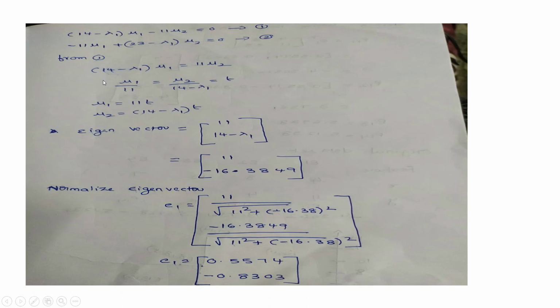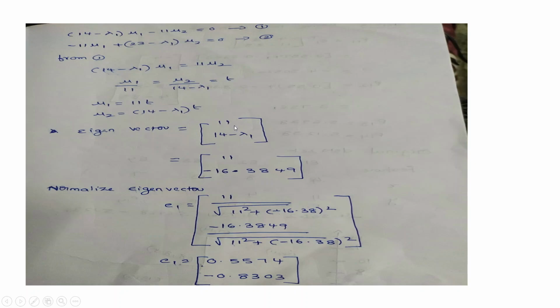From first equation, I am going to consider 14 minus lambda I, u1 and 11. When we are considering first equation, it will be representing it as 11 u2. So u1 divided by 11 cross 11. This we are going to assign to some constant. This constant we take it as 1.